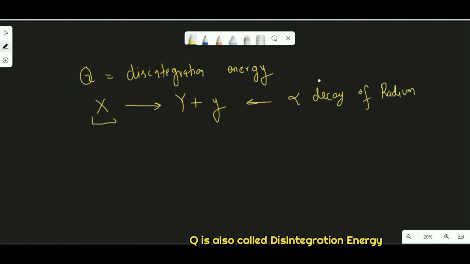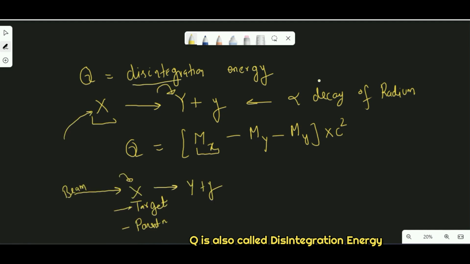To express Q, you write the atomic mass unit of X, subtract the atomic mass units for Y, and multiply this by c square. You remember 931 million electron volts. This is the way to get the disintegration energy, and it is one of the good methods to solve it.